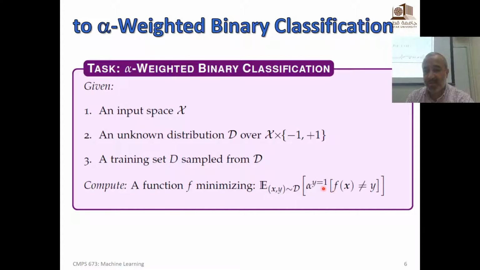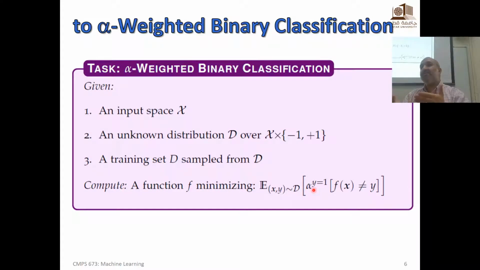Now here, you will see that this same error is multiplied by alpha times an indicator that y equals 1. First, what is alpha? Alpha is the factor of how many more negative examples we have than positive examples. Actually, alpha is the size of the negative set over the size of the positive set. So if I have 90% versus 10%, then alpha is 90 over 10, which is 9.